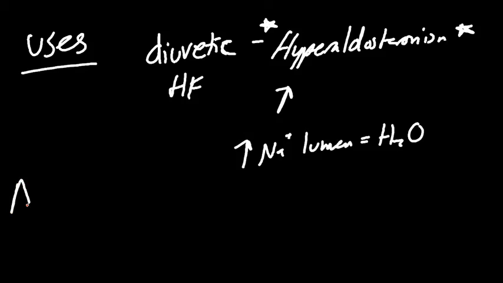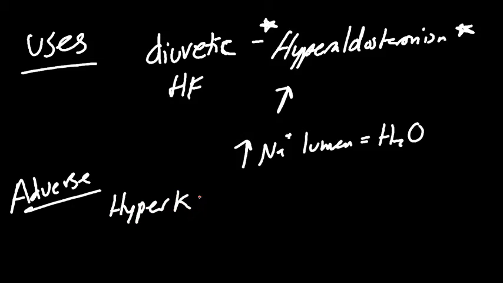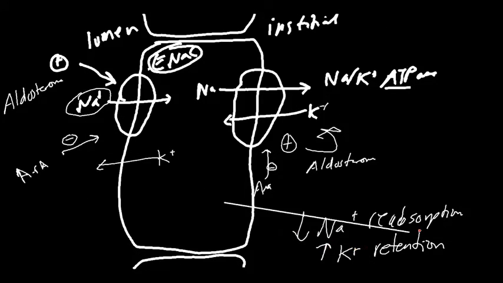There are a couple adverse effects due to this drug. One of the possibilities is hyperkalemia, so high potassium. If a patient has high potassium levels, you don't want to use a potassium-sparing drug because you'll have increased potassium retention.